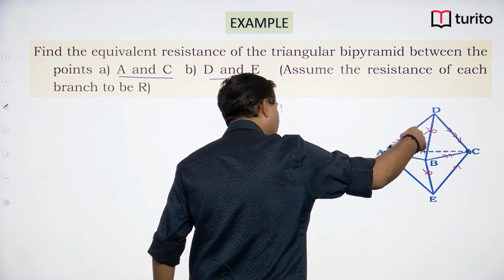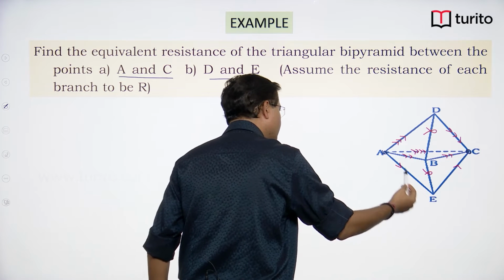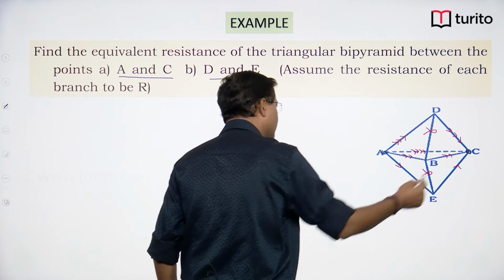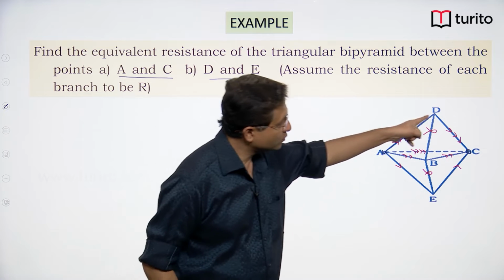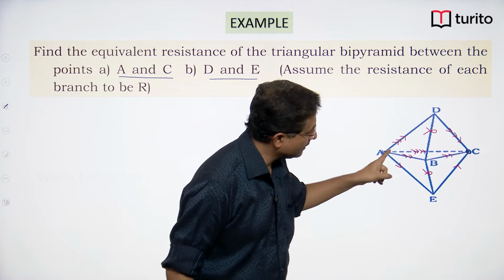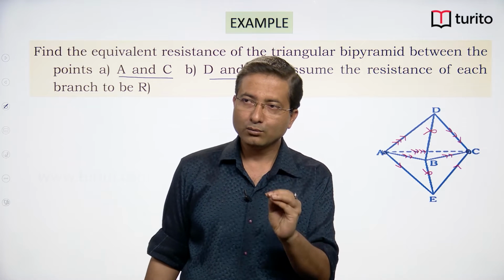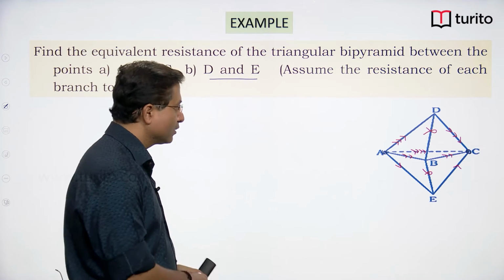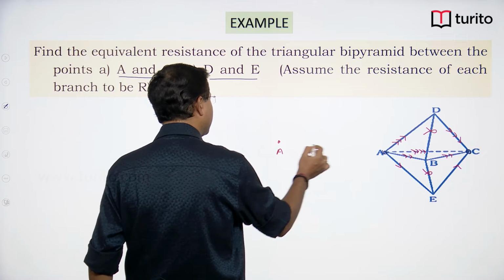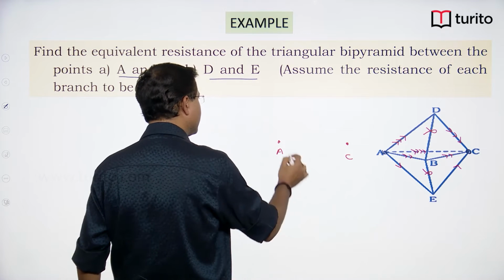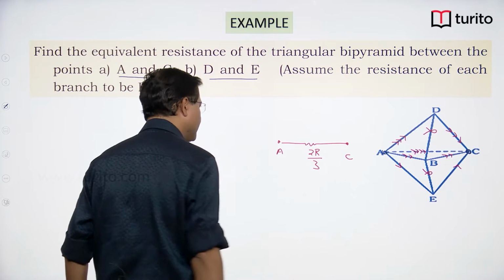Now here 2R, this one 2R, this one 2R, and the back one R. So this 2R, this 2R and this 2R are connected in parallel, giving 2R by 3. So these 3 branches I have directly added, between A and C we have 2R by 3.